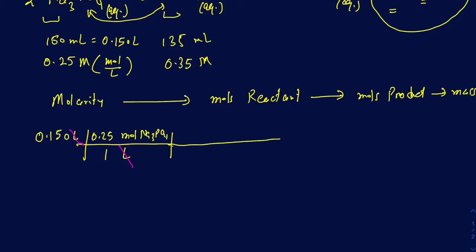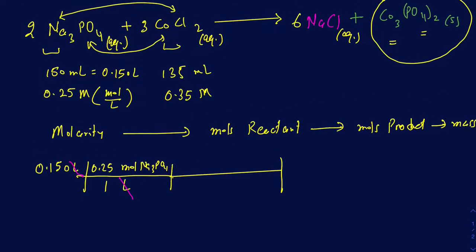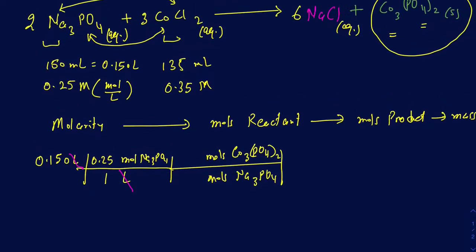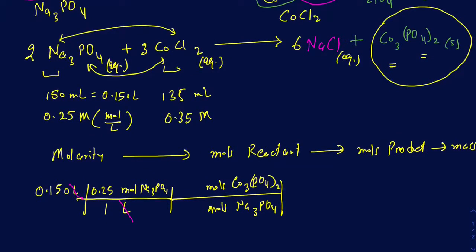The next step: once you have the moles of sodium phosphate, I want to find the moles of cobalt 2 phosphate. So I'll write down here moles of cobalt 2 phosphate, and then I want to get rid of moles of sodium phosphate. This is where I'm going to use the stoichiometry relation, which is why it was important to balance the equation.